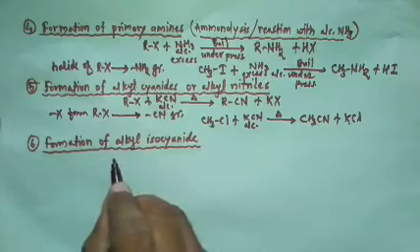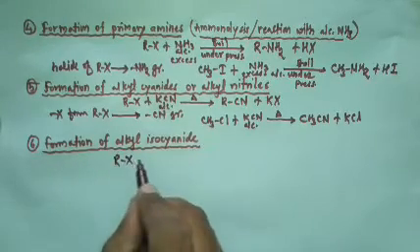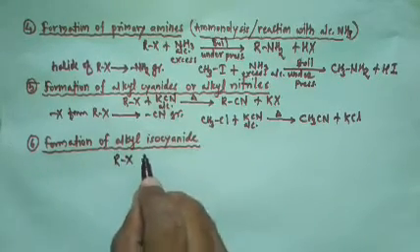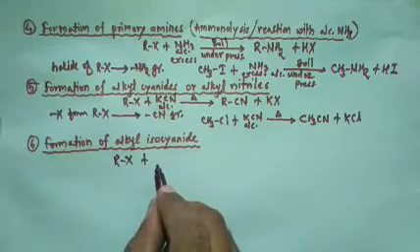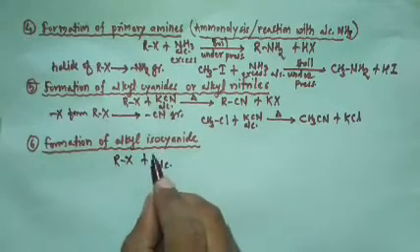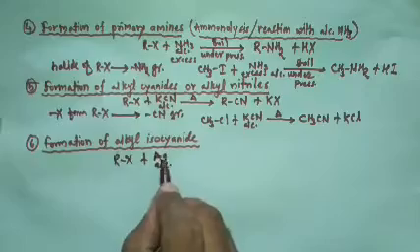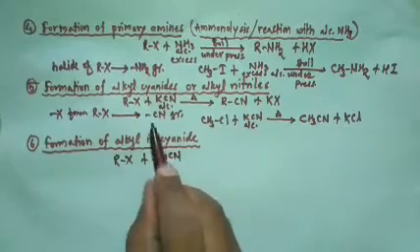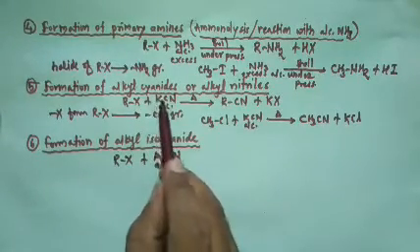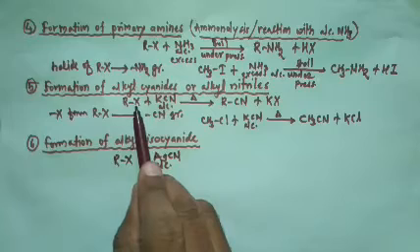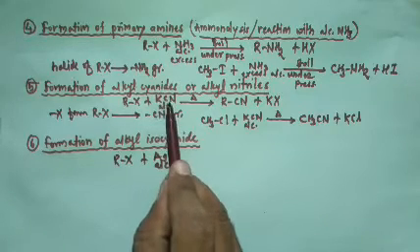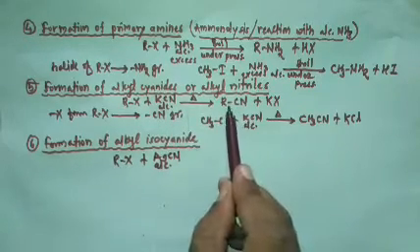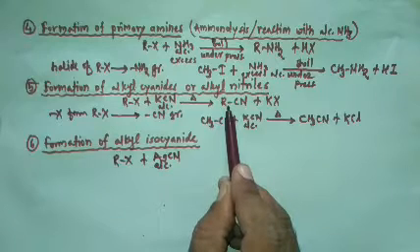When alkyl halide is reacted with alcoholic silver cyanide, whereas in our earlier reaction we reacted alkyl halide with alcoholic potassium cyanide, at that time there was the formation of alkyl cyanide.